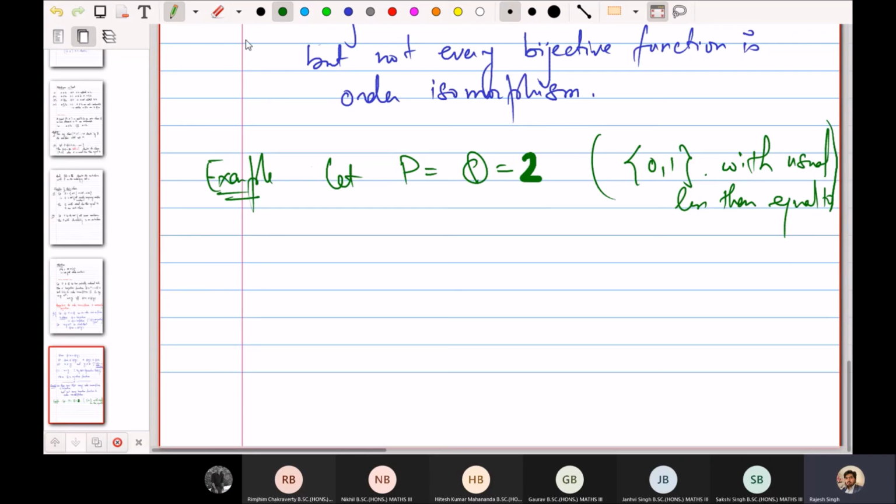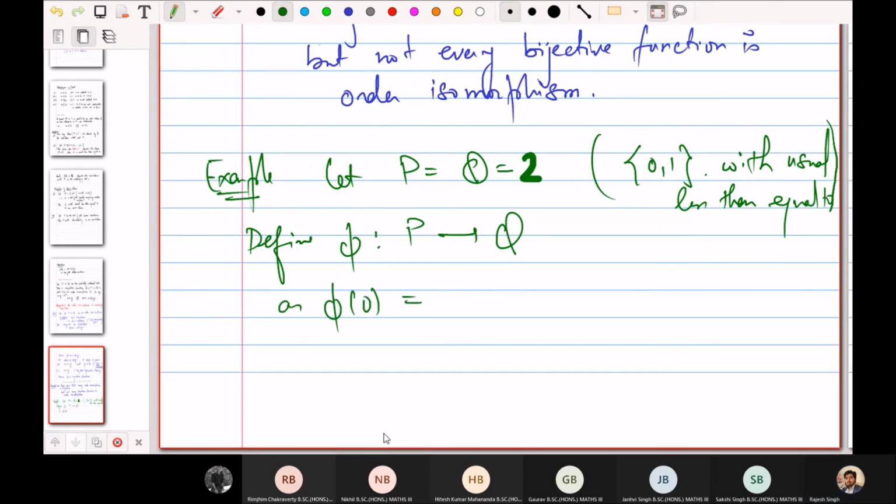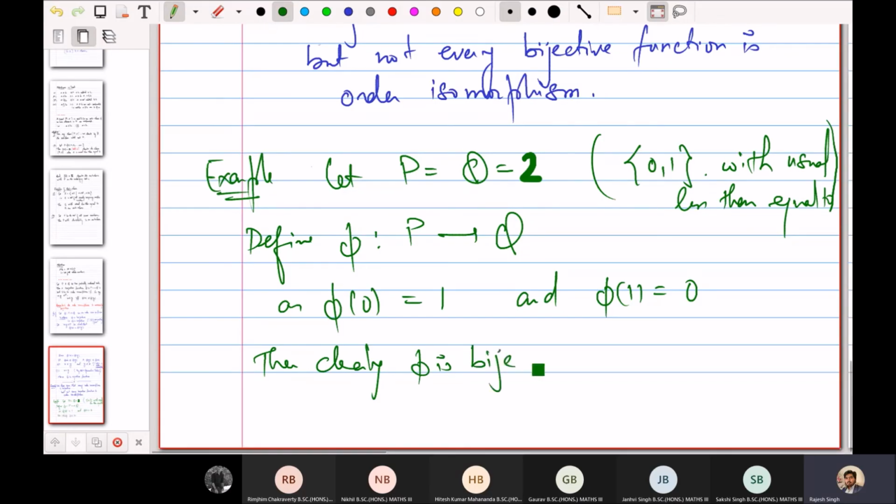Okay, so P is equal to Q is equal to bold 2, that means it is {0,1} with usual less than equal to. Define a function which is bijective, so define phi from P to Q as phi of 0 should go to 1 and phi of 1 should go to 0. Then clearly phi is bijective, right?